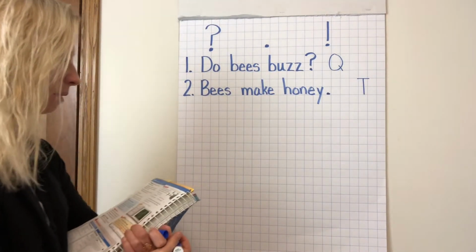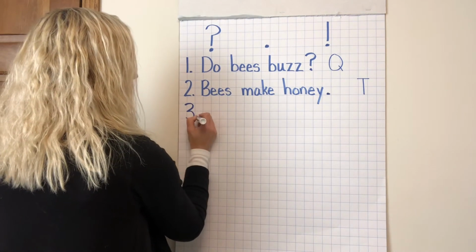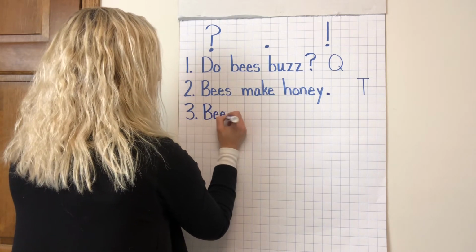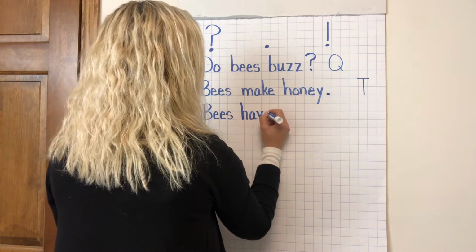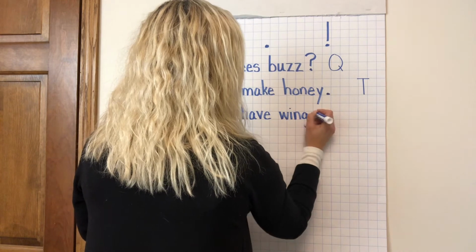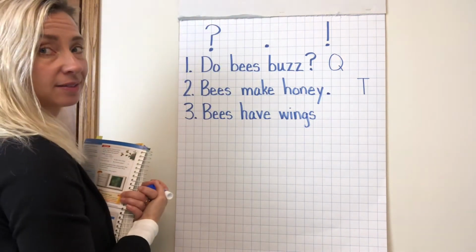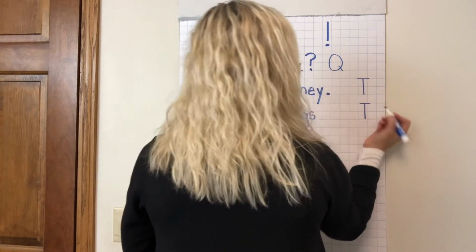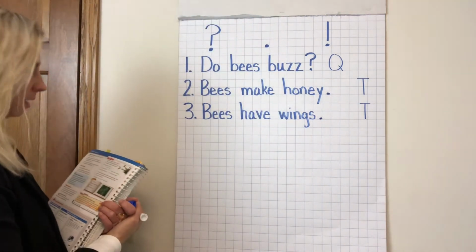Number 3. Bees have wings. Bees have wings. Telling or question? I'm telling you. Put a big T at the end. And I do a period. Good. Number 4.